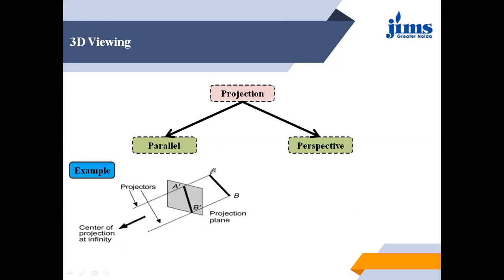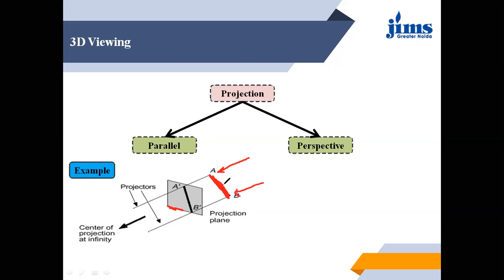Suppose this is an object and we want to see the projected image of this object on the projection plane, then it will look the same, that is of the same size, because the projection lines are parallel.